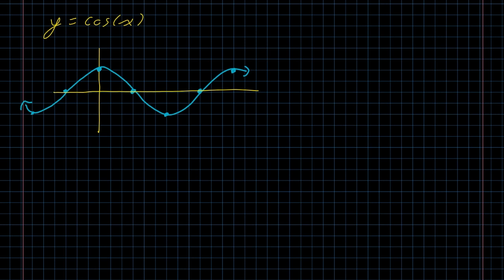Here I've got the graph of y equals cosine of x. We definitely want to include this part because that will give us the first quadrant, which is usually the most important. That part doesn't help because it would still fail the horizontal line test. So instead, here we have to continue on in that direction.